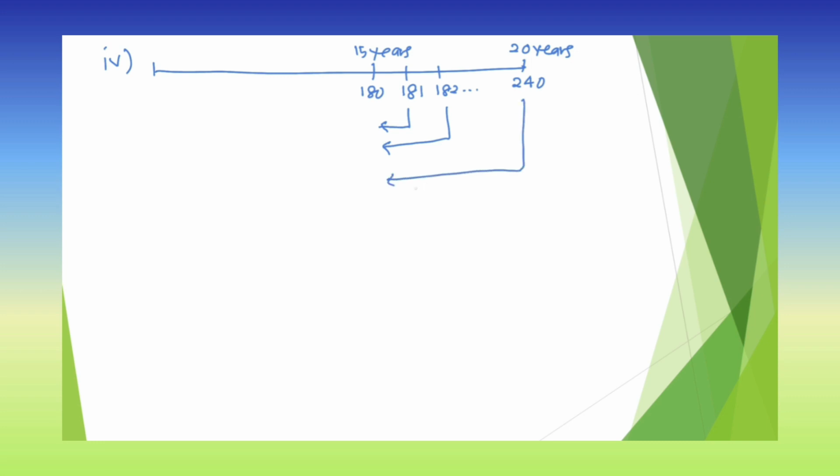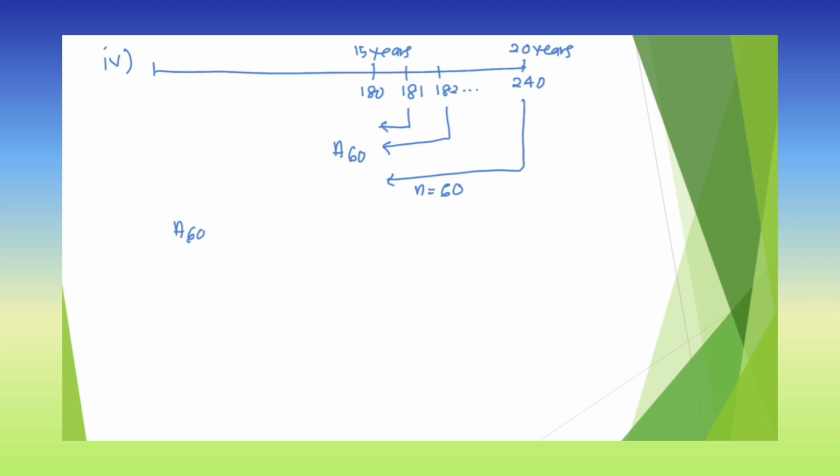So the number of payments left, n, is 240 minus 180 equals 60. So we have to find A60.